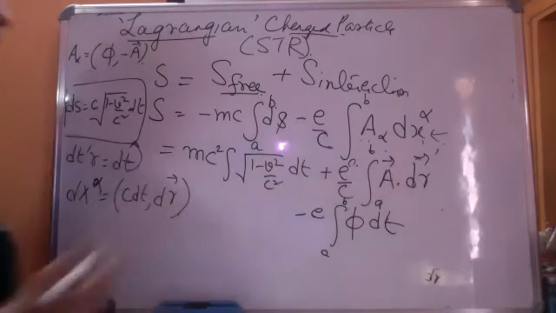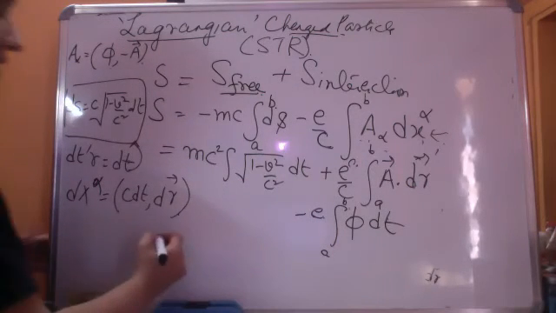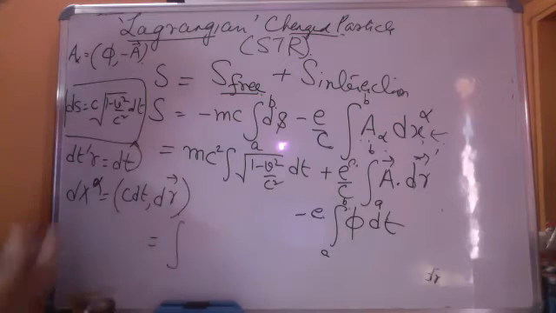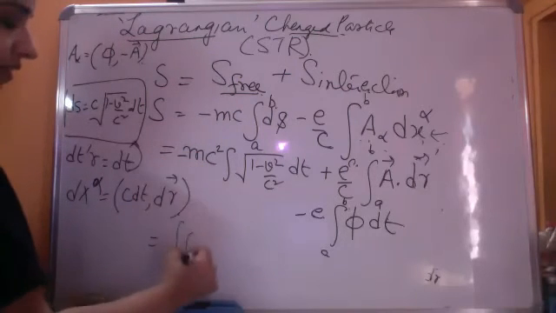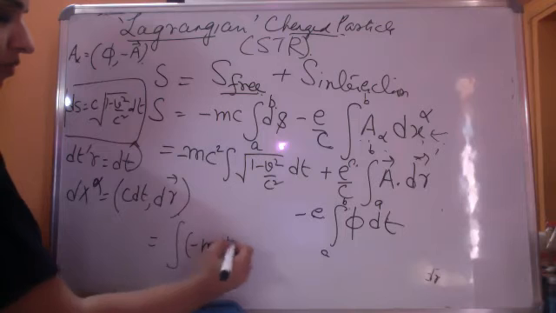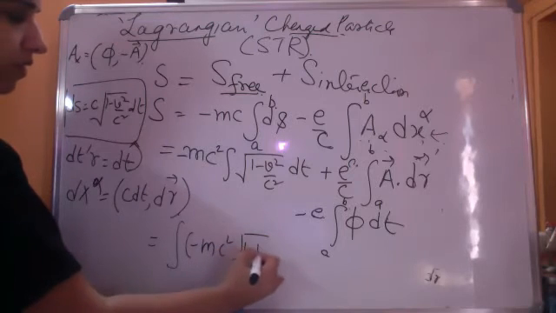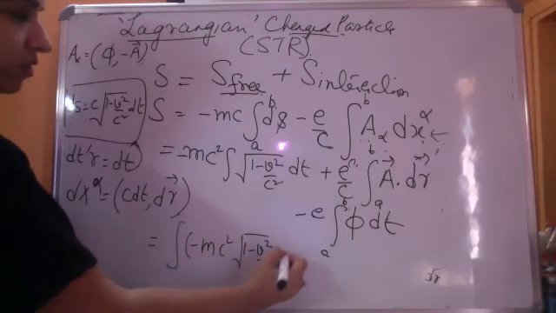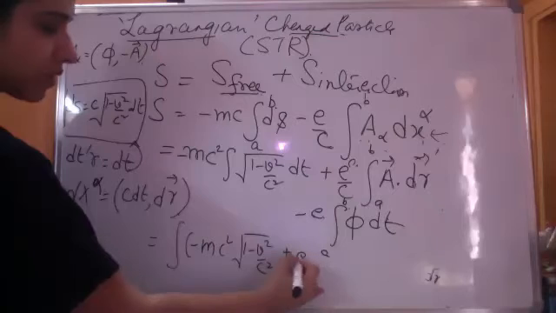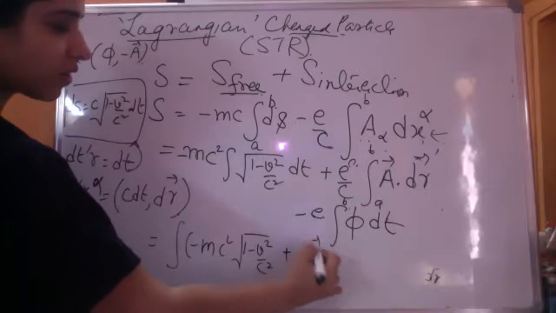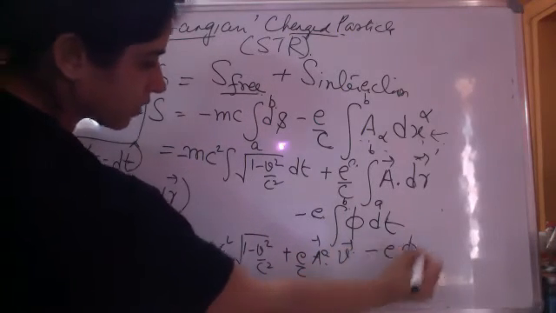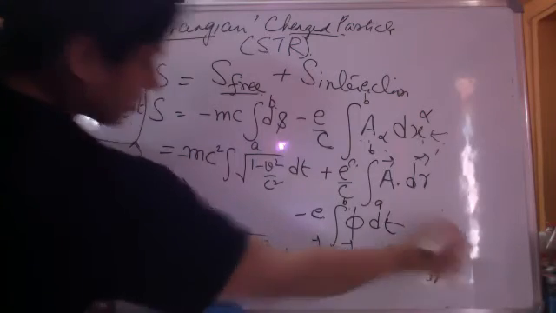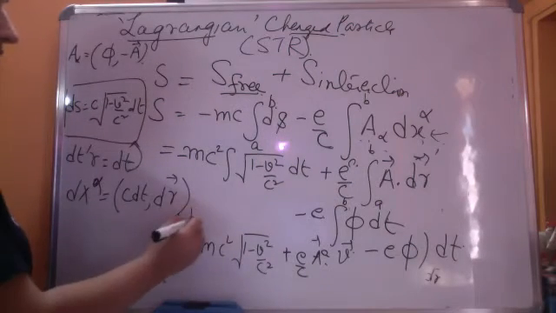I'm still not having this in the form into dt, so I write it like this. Where what is v?